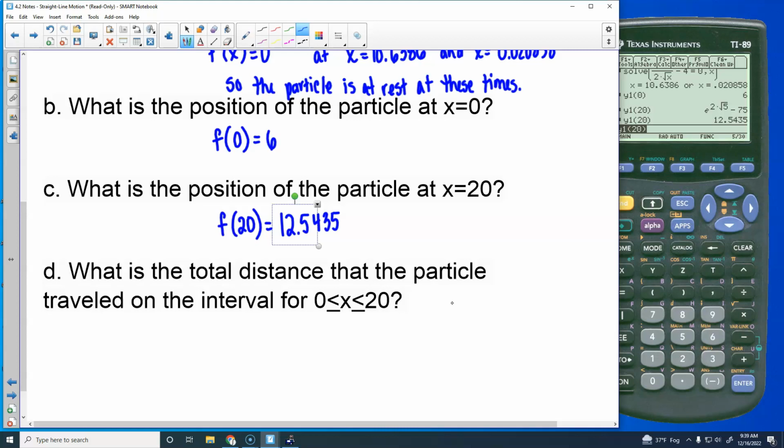So what Bo has given me, where he said we're just going to subtract those and we're going to get 6.5435, right? That is something that we sometimes care about. That's what we call displacement. So displacement would be 12.5435 minus 6, which would give you 6.5435.